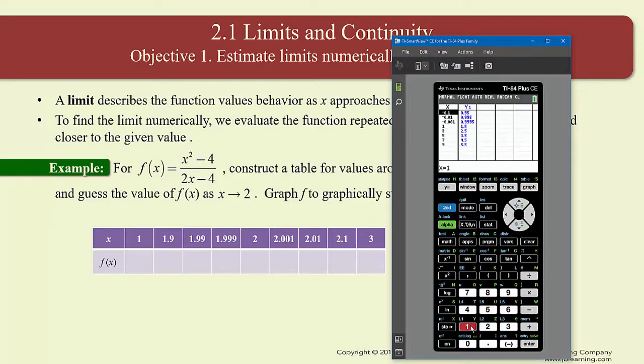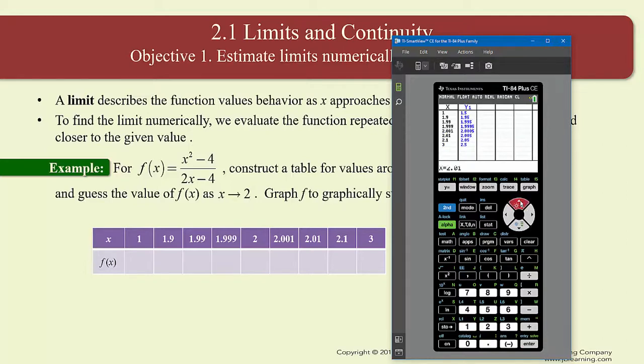So let's see, x is 1, and then x is 1.9, enter, 1.99, 1.999, and then I'll go ahead and do 2.001, 2.01, 2.1, and 3.